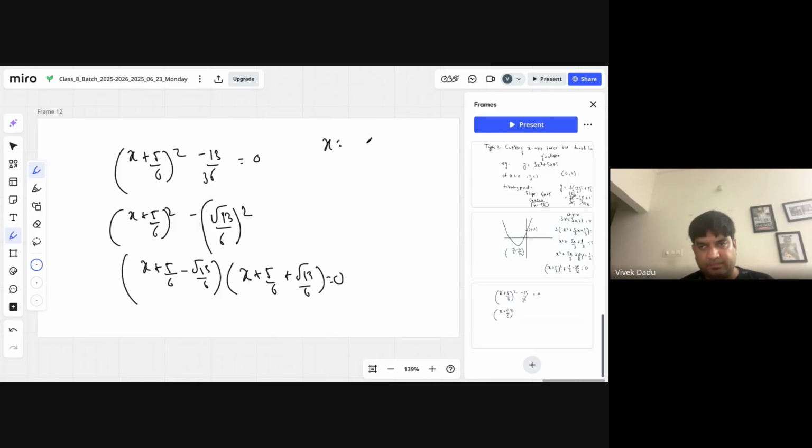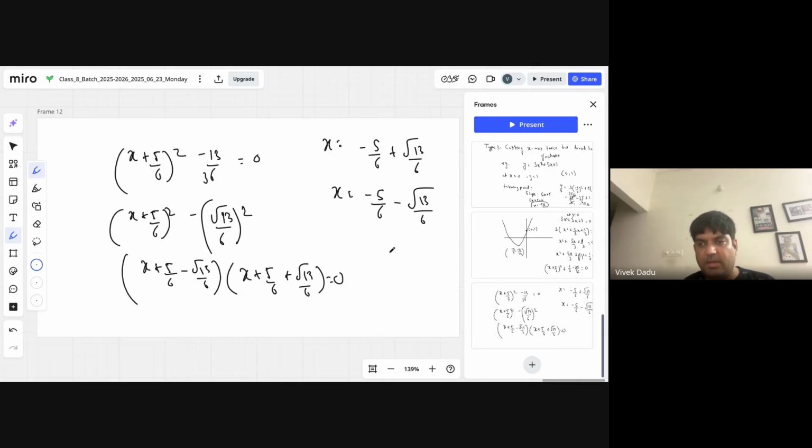From this you get, sorry, minus 5 by 6 plus root 13 by 6 and minus 5 by 6 minus root 13 by 6. Both are negative.